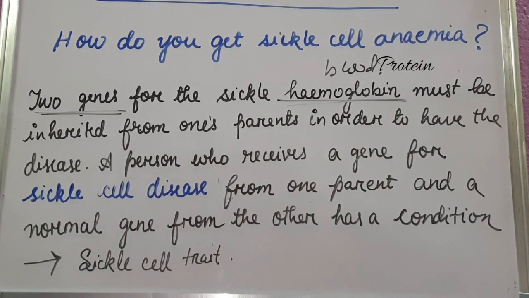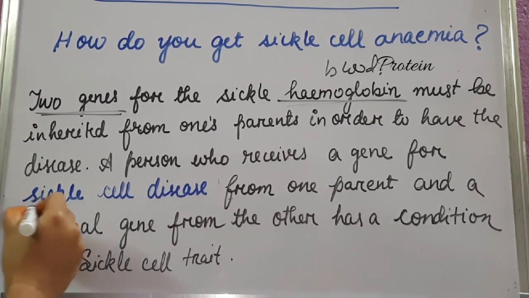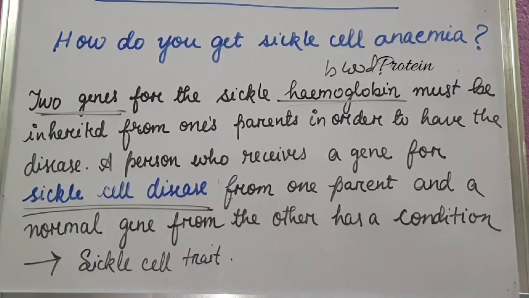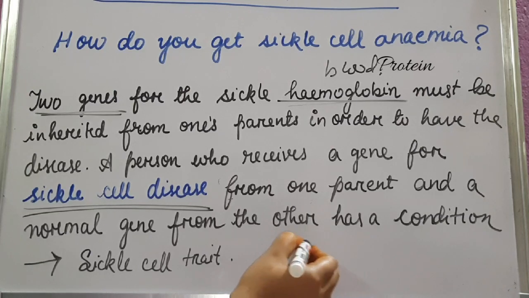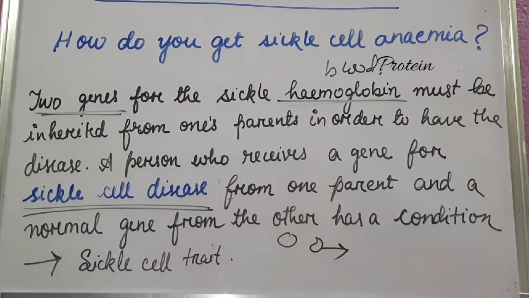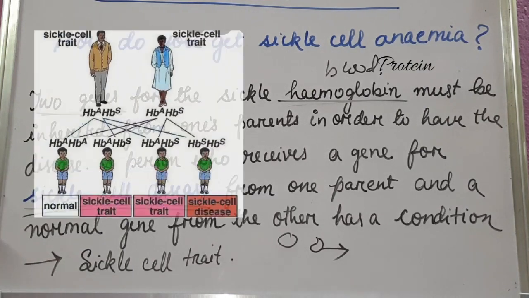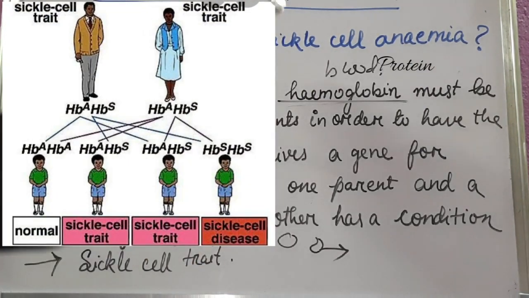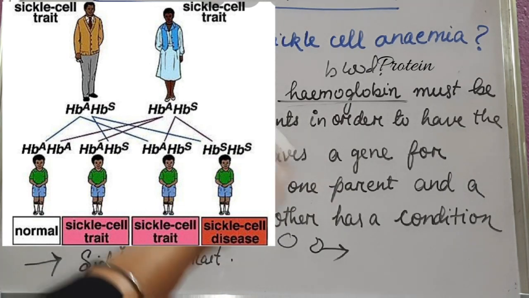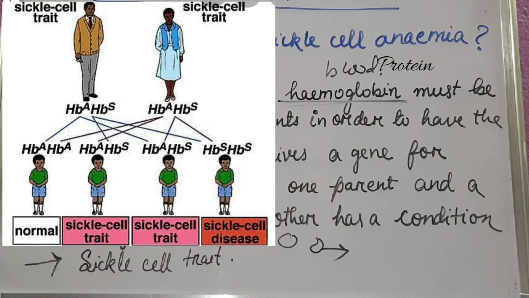A person who receives the sickle cell gene from a parent is normally said to have the sickle cell trait. This condition of the trait passing from parents to their offspring leads to sickle cell anemia. Normally it is inherited.